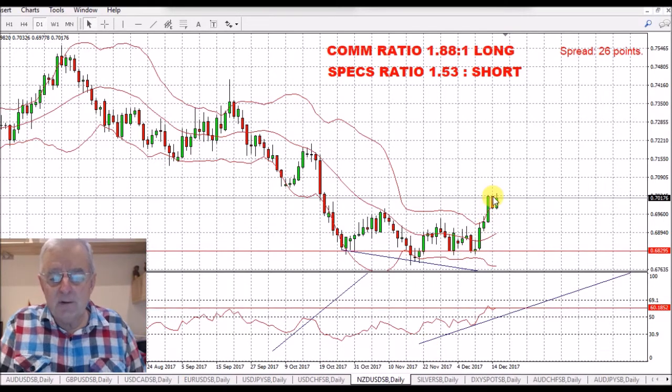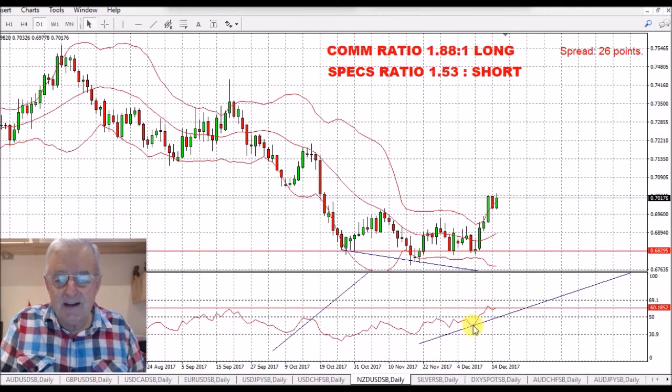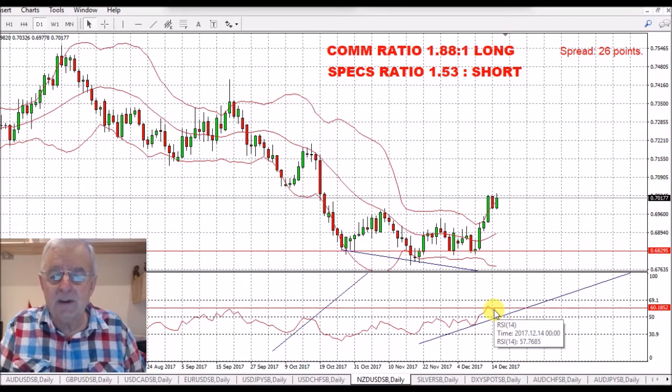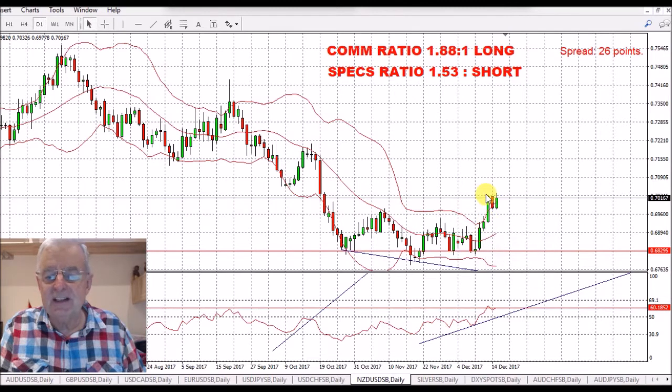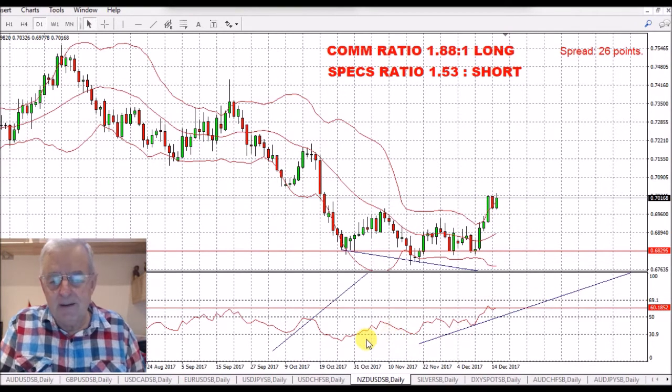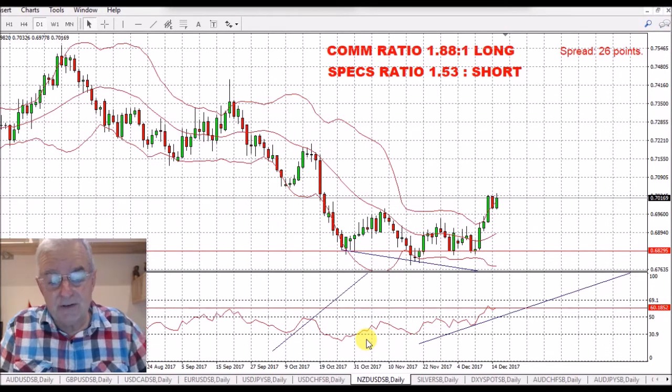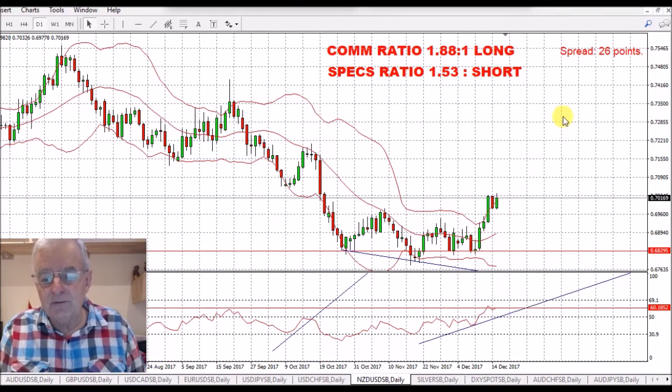New Zealand dollar, US dollar. Well, we've had a little bit of a pullback in this. We did have a little touch of resistance on the RSI here. We sort of bounced up and down through it. That's basically, again, the same pattern as you see in all the other charts. We're on the way back up. The commitment of traders are bullish for the New Zealand dollar, so we are expecting more strength to unfold for this pair.